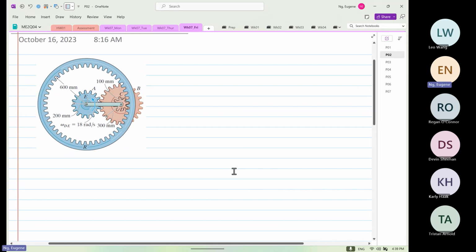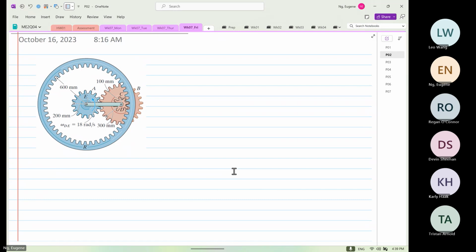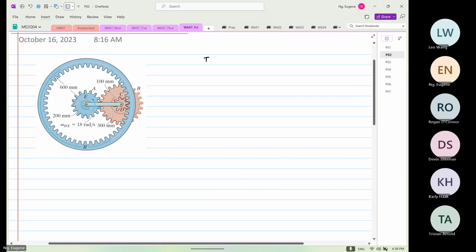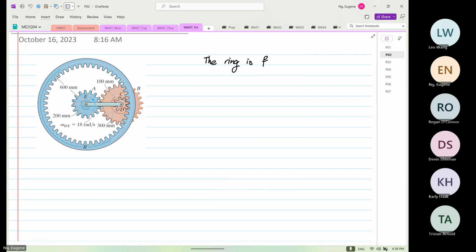The first thing we know is that the ring is fixed, i.e. omega R is equal to 0.